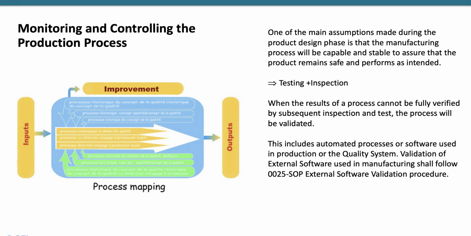One of the examples of processes that need to be validated is the use of software programs in the production process. For example, we have Helix, and we will have NetSuite, that are going to be validated, but it's a different story and we will discuss it in a different training.